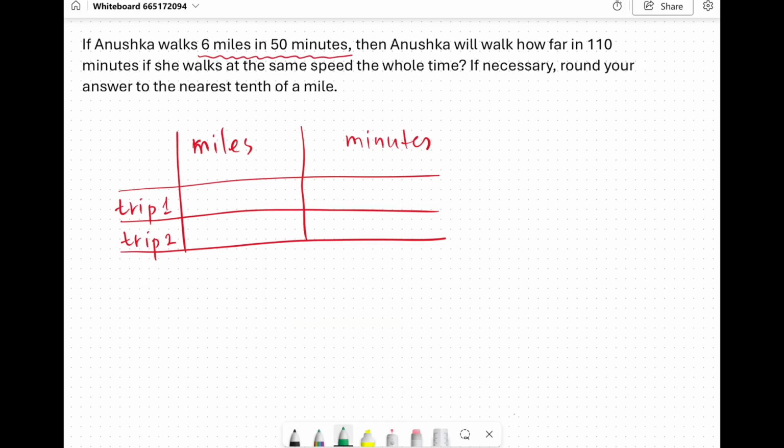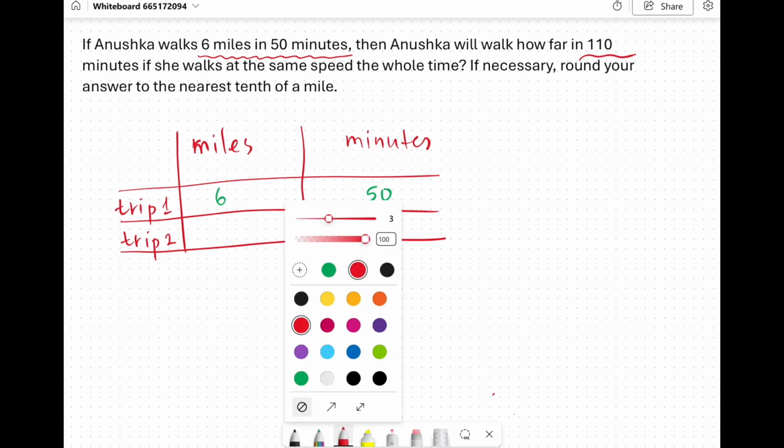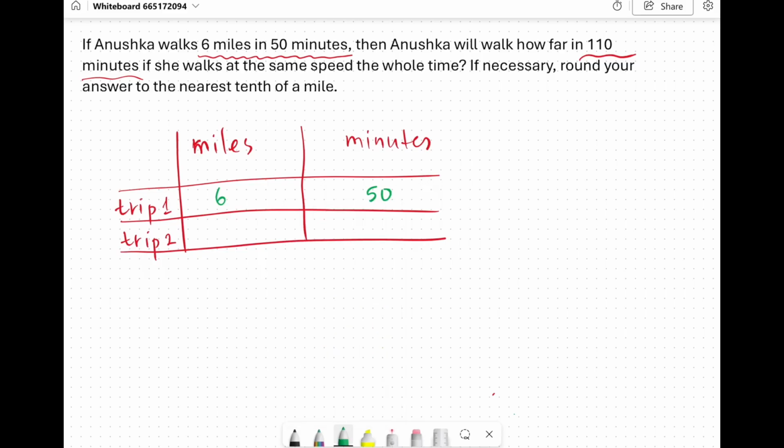So for the first trip, 6 miles, notice this is my miles, so I'm putting 6 under miles, and then 50 minutes. For the second trip, you're given the number 110, and that one is the minutes. So 110 will go into the minutes, and then the leftover cell that is not filled up is going to be your x.